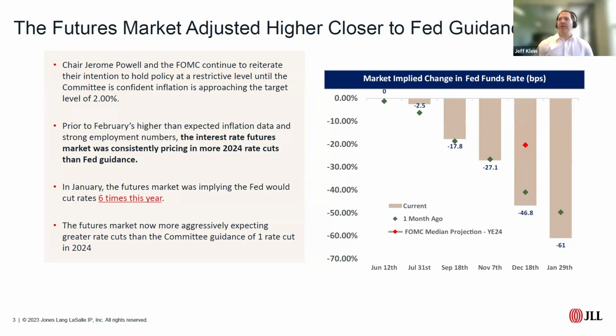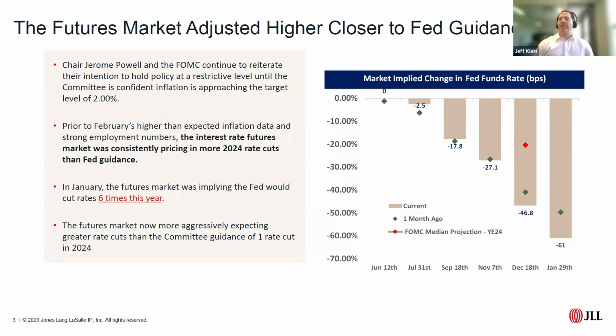Then you can see we've got 3 more meetings for this year, 4 on the slate for this graph, and you can see the increasing probabilities that are applied. The green diamonds are where we were a month ago. So not as much of a movement in the front, a little bit more of an anticipated increase in probability for a rate cut as we move out towards the end of the year.